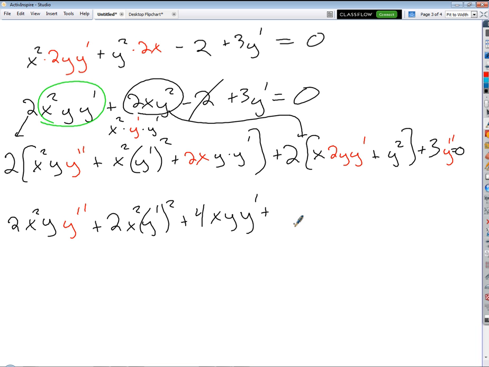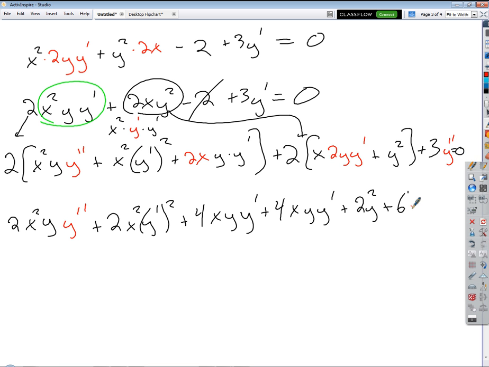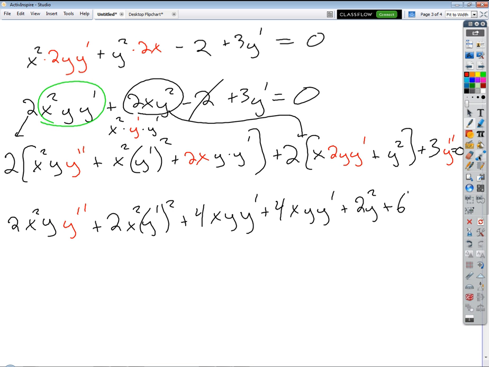Plus, we're done with those, now over to here, plus 4x y prime, plus 2y squared plus 3. It's just 3.